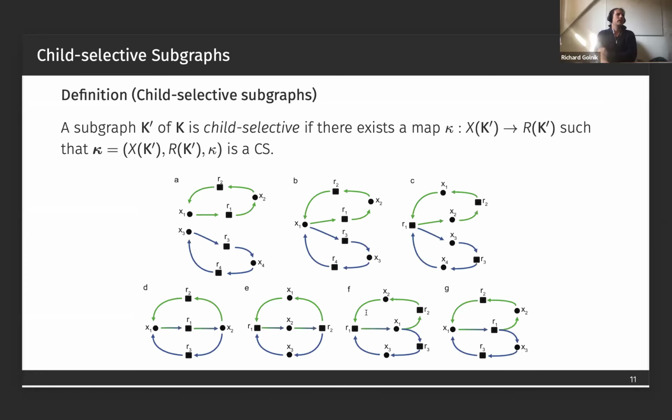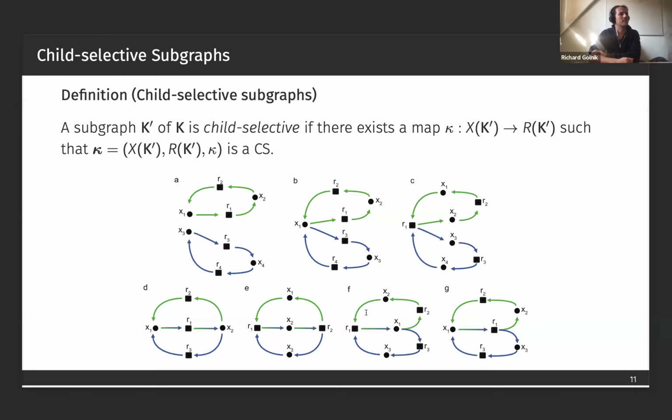So let us now, after we set the goal of what we're looking for, translate all the properties of the matrices into our König's graph representation. And we start with the child selection. We can look at this from two different perspectives. We start by asking the question: whenever we have a subgraph of our König's graph, can this be child selective?